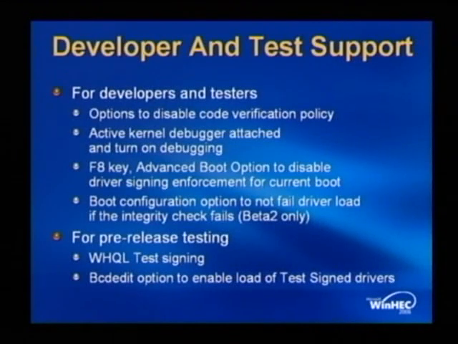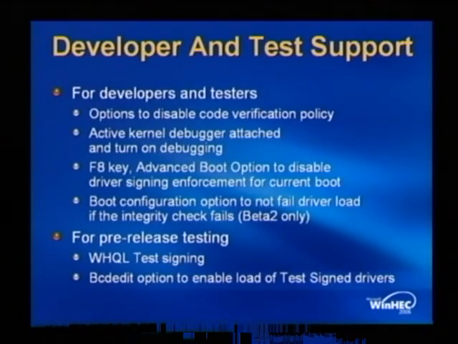Boot configuration can be used as well. Basically, BCDEdit is your friend. There are options there to disable the integrity checks during load, and if you're doing testing for those components, you can configure the boot to use self-signed certificates to load your binaries. Again, that's only for testing purposes. But it's all configurable through BCDEdit.